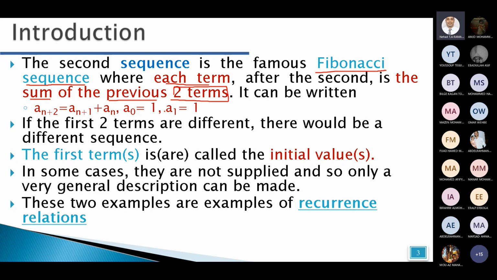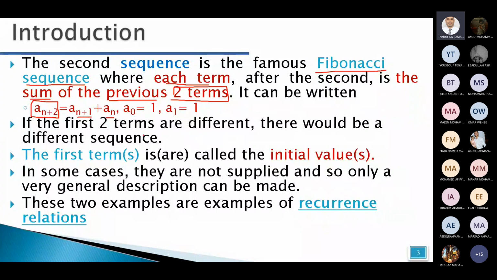So if we write the general form, term n plus 2 is equal to a n plus 1, the previous term, plus a n, the term before the previous, meaning the previous two terms.